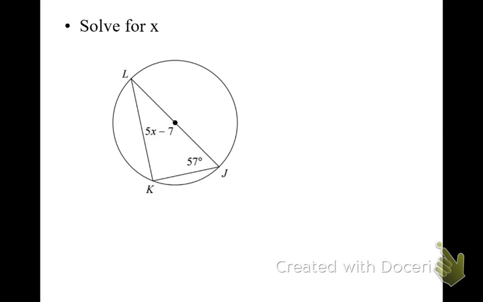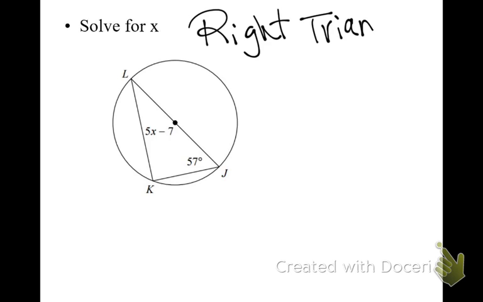Solve for X. So what shape is inside of the circle? Triangle, right at the top. This is a right triangle. That is the key. Because what makes a right triangle special? What makes the right triangle a right triangle? It has a right angle.